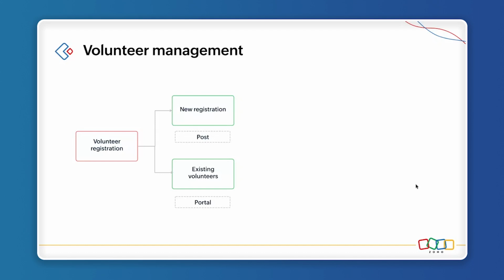Once the volunteer registers, we can give portal access to these volunteers, and from that portal they can see the events that are newly created, and also the tasks that have been assigned to them. Once the registration is done, we can assign the tasks and manage the task status from their portal itself. So this is all about the last module, that is the volunteer management.